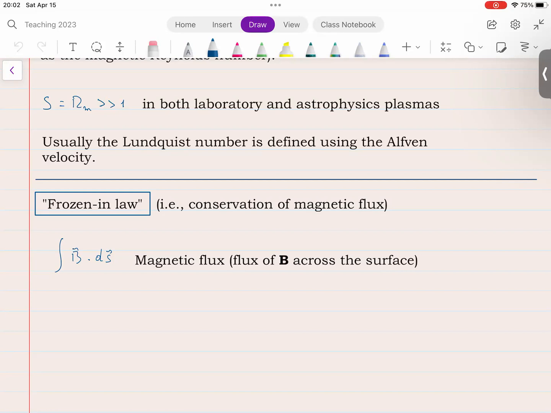And I'm going to call this quantity psi, as we have done at other points of this course, that's the fusion name for the magnetic flux. Okay, then I'm going to ask the question, what is the time variation of that magnetic flux?